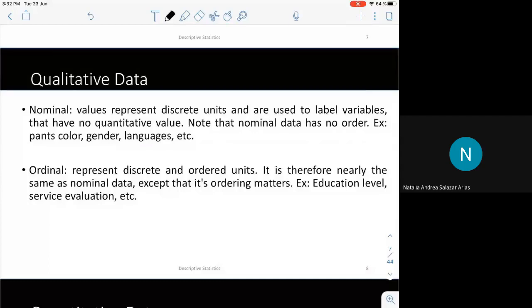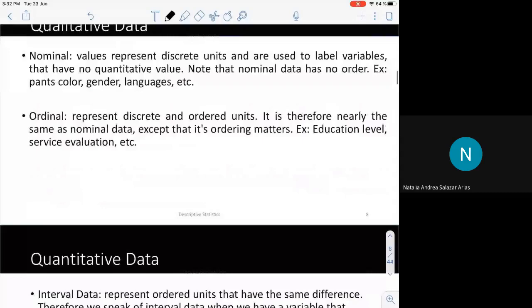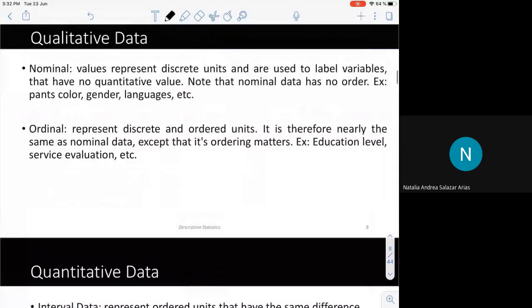And Natalia is suggesting an ordinal can be our satisfaction with some services. That's true, because you can arrange the satisfaction level. Okay, I think it's clear. These two types of qualitative data.